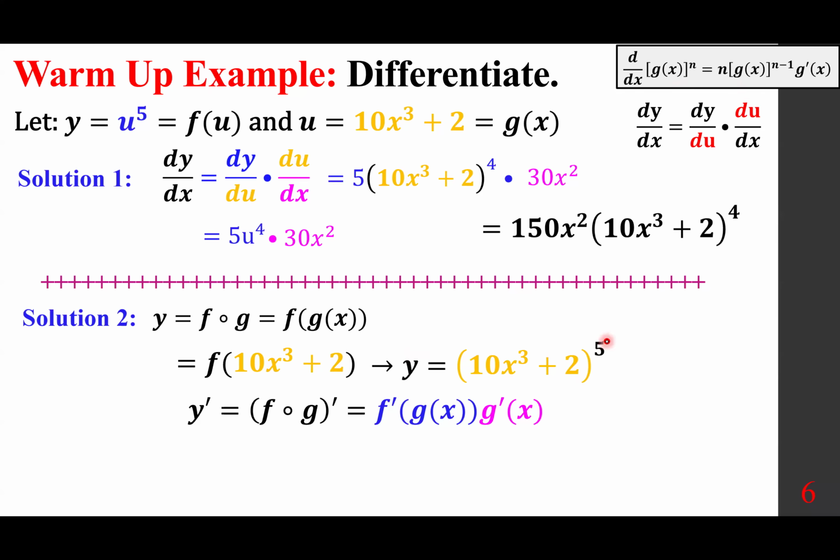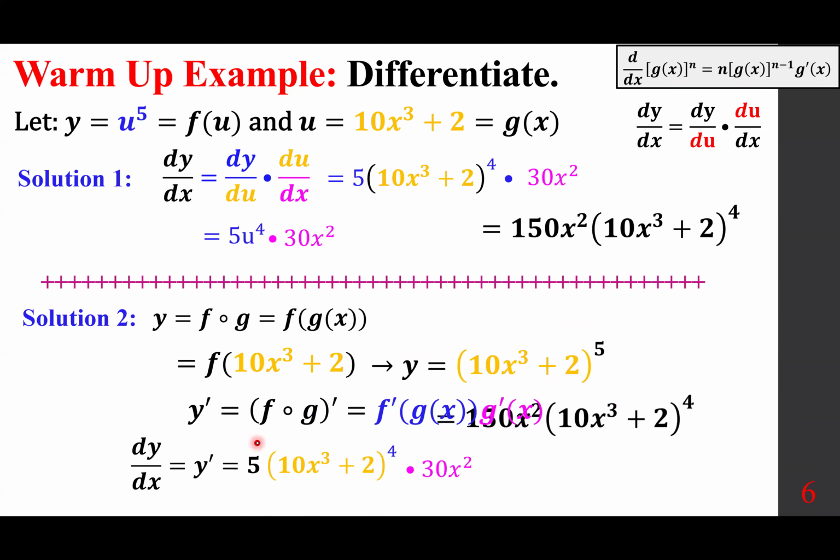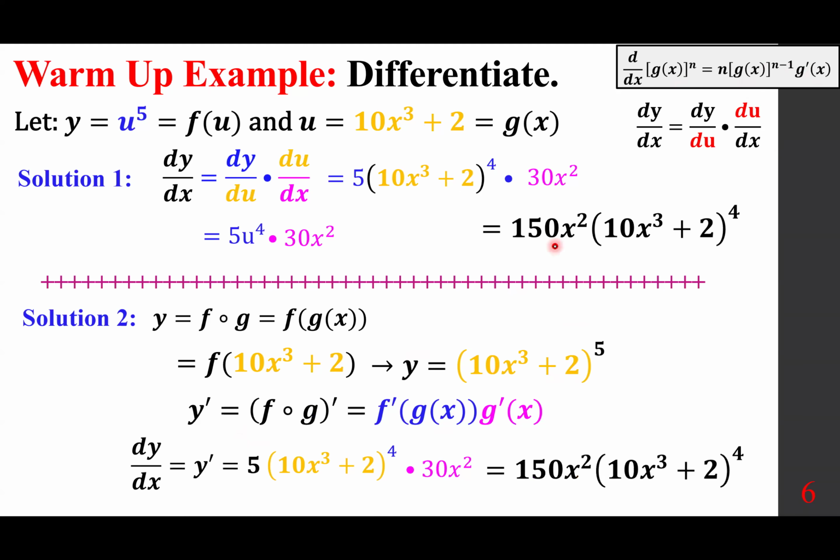We start with 5, so we call it dy dx, or y prime, equals 5. Then the same thing to the power of 4, right? And then the derivative of the inside, by the chain rule, which is 30x squared. And we rewrite it by putting this in front. We get exactly the same answer, 150x squared times 10x cubed plus 2 to the power 4.